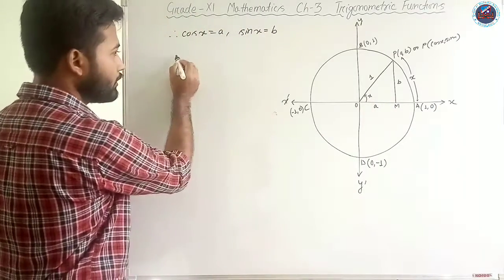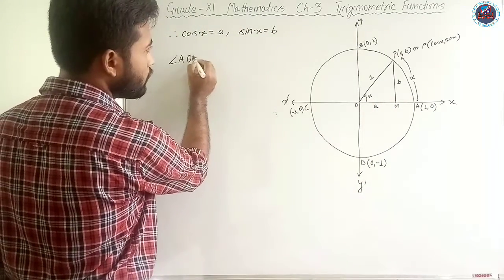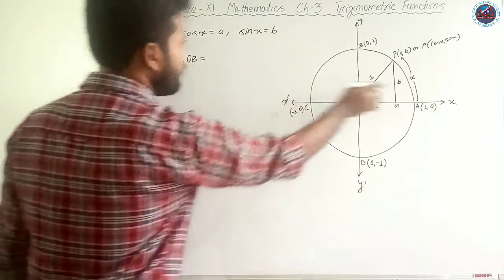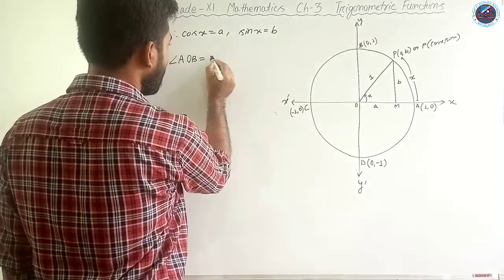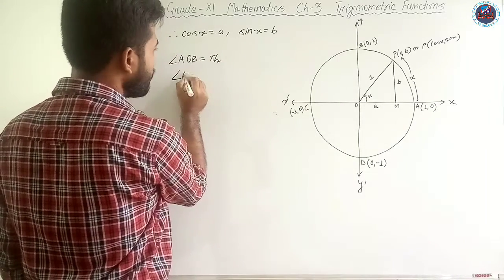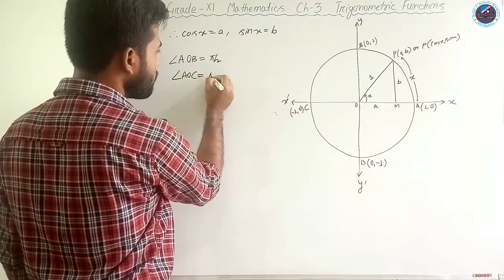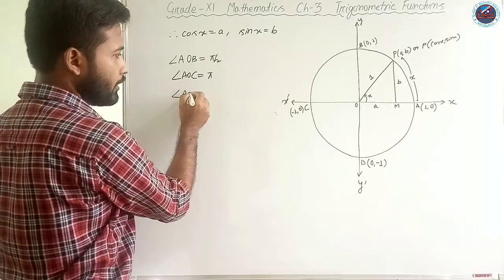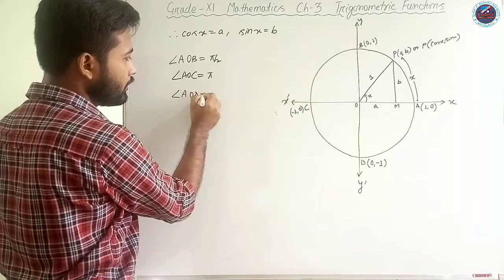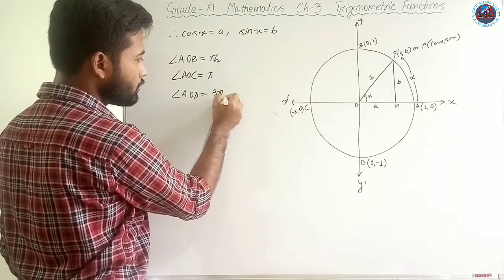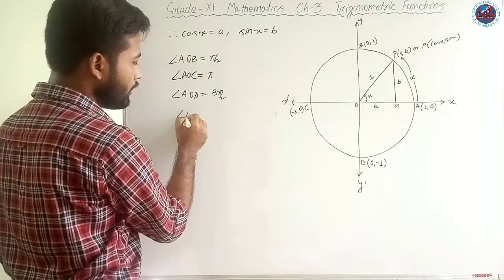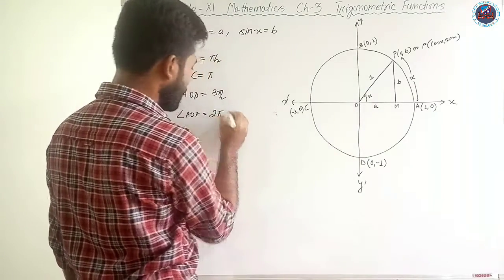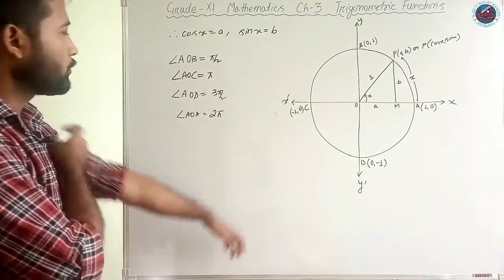That is, I can write angle AOB is equal to pi by 2. Angle AOC is equal to pi, then angle AOD is equal to 3 pi by 2, and angle AOA, that is the complete angle, is equal to twice pi. So these are the four things that we can notice.